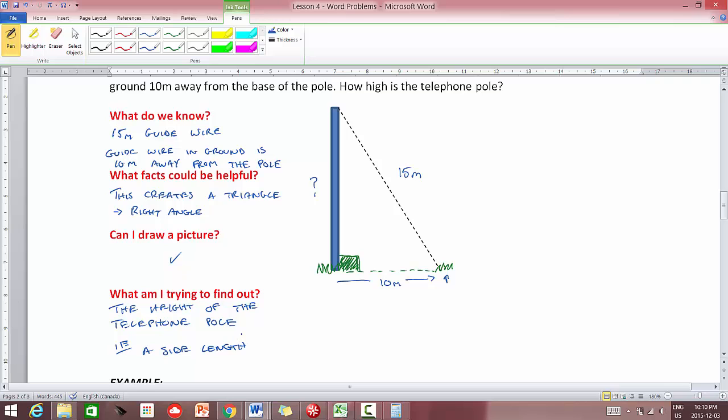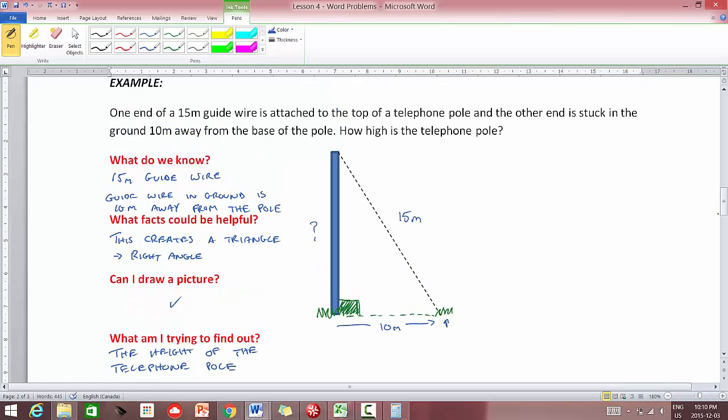Okay, so not quite using the exact formula a squared plus b squared equals c squared, so we'll have to do a little bit of rearranging. We'll set it up either way. A squared plus b squared equals c squared. Okay, and what we're going to do is label these b, a, c.